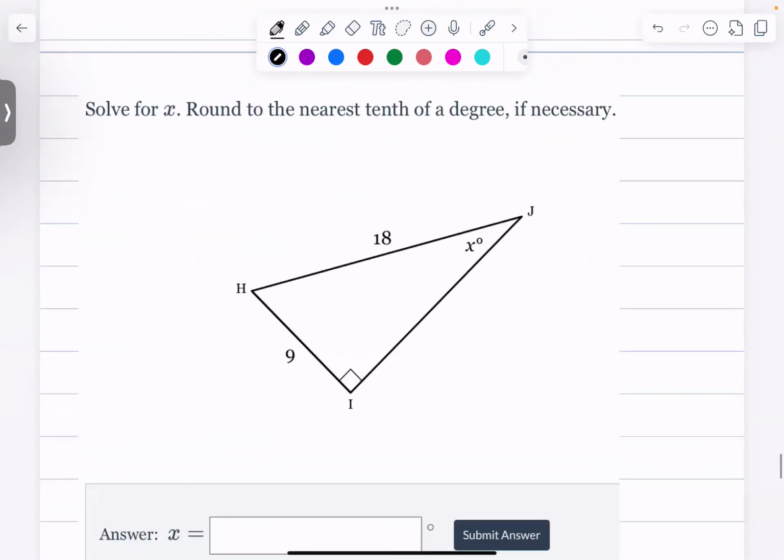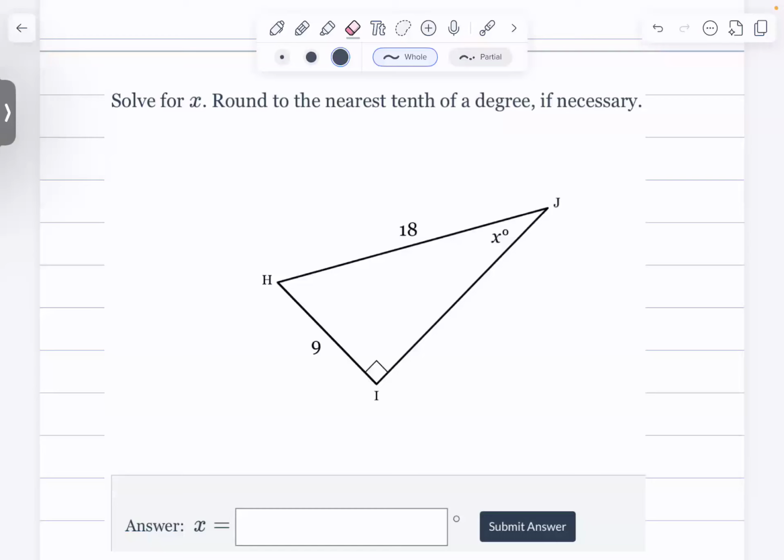Okay, I want you guys to try this one. The first thing we have to do is label. Opposite the 90-degree angle is your hypotenuse. It's this angle that we're looking at. Opposite that is 9, and this is your adjacent side. Before I even say that, I have my opposite, I have my hypotenuse.